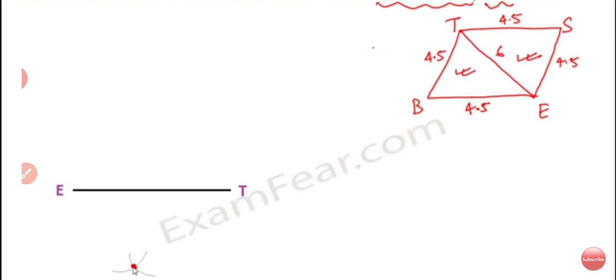So you get point B. Join EB and TB. Now take another 4.5 centimeter from E and make an arc, and again with T as the center, make an arc, and join them. This is your point S. This is your required quadrilateral. Now write the steps of construction.